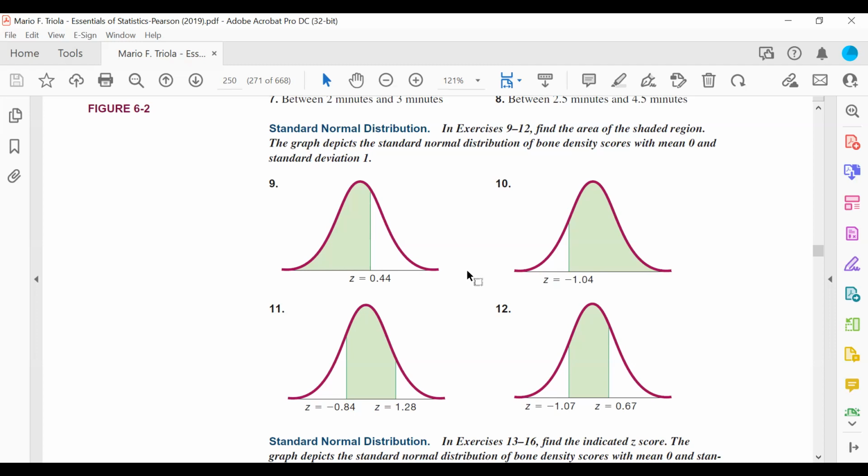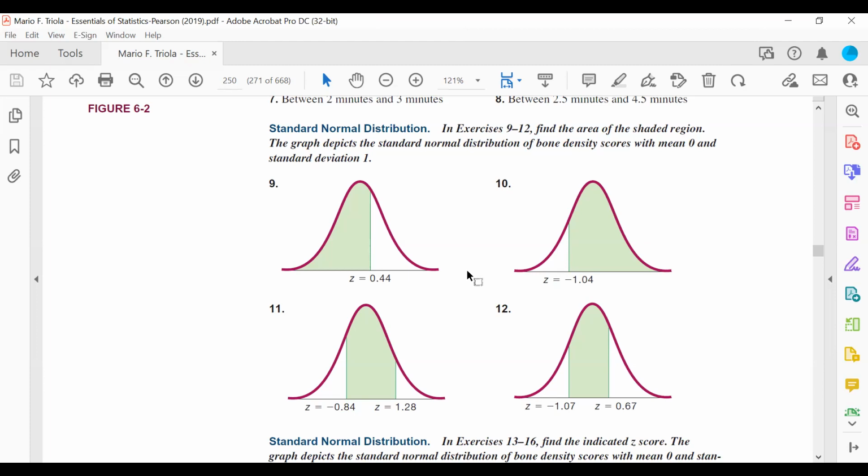All right, so how do I write the probability for number 9? You write capital P, parentheses, and you put Z, and now you've got to remember which inequality to use. Which way is it shaded? Is it shading to the left of 0.44 or to the right? It's shaded to the left, so it's going to be a less than.